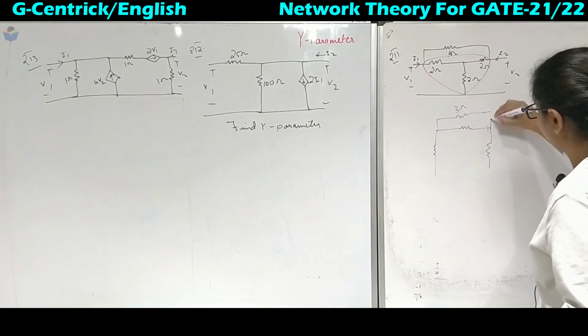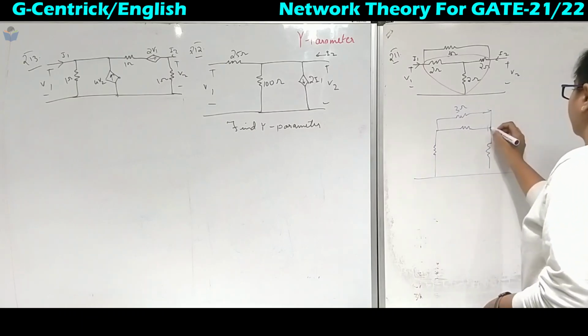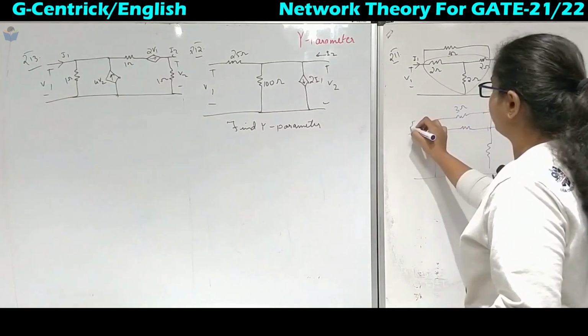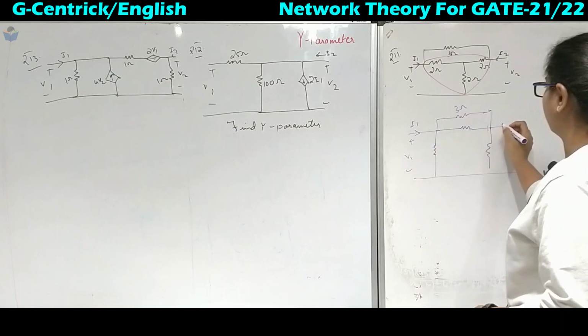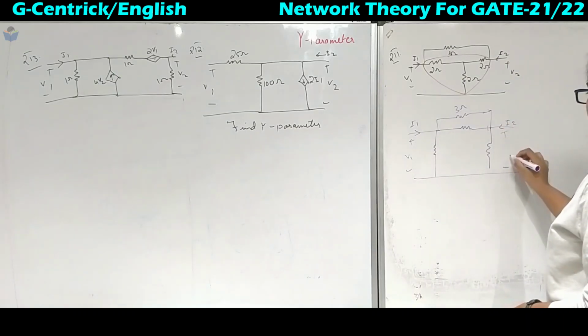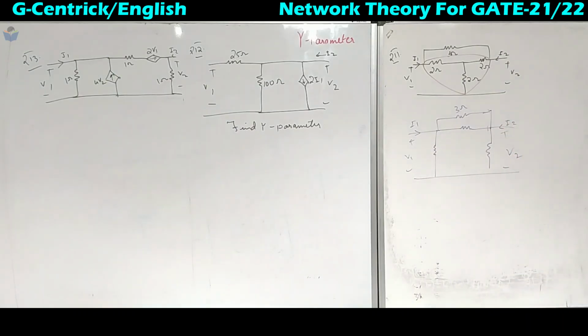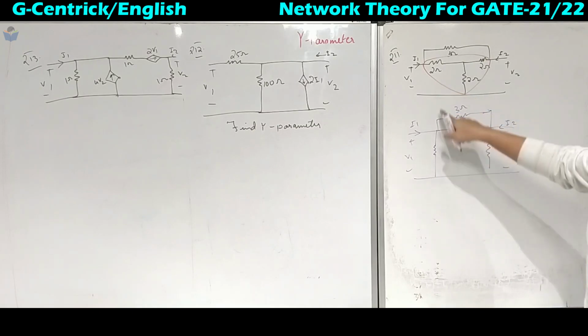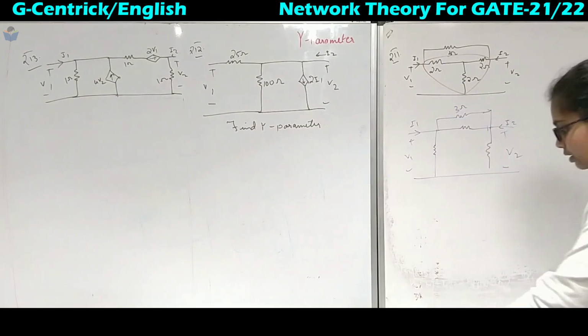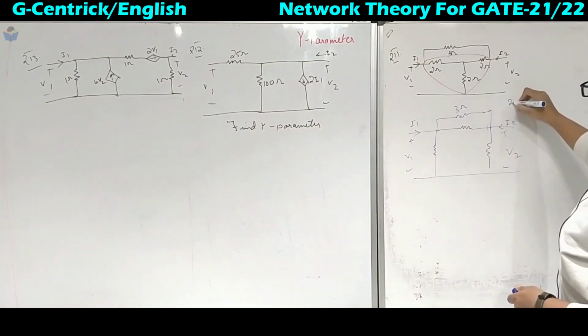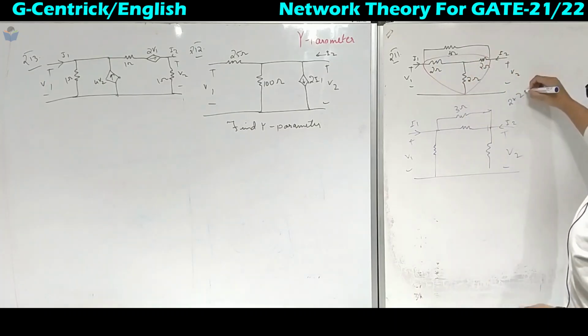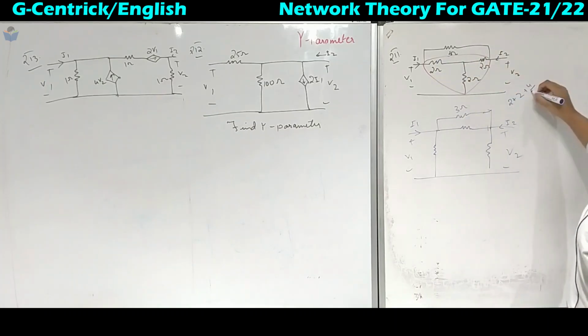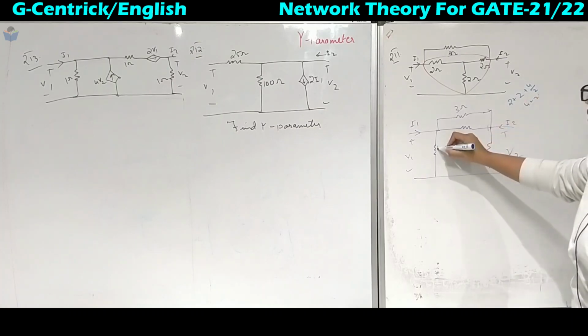Okay, so now to calculate, this one will be I1, this is V1, here we have I2, here we have V2. So now to calculate this part, we can write it as 2 plus 2, connected, then 4 divided by 2. So 2 plus 2 is 4, plus 2 is, again, 6 ohm.